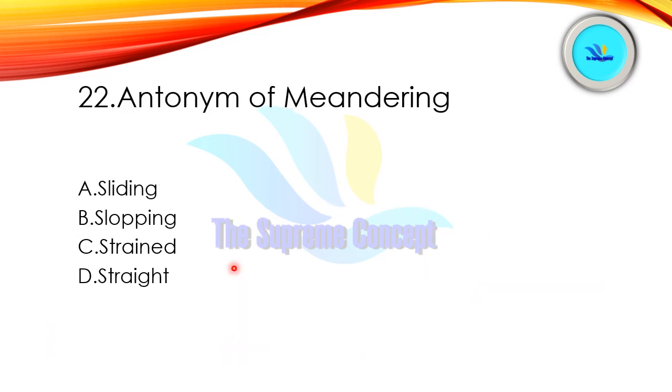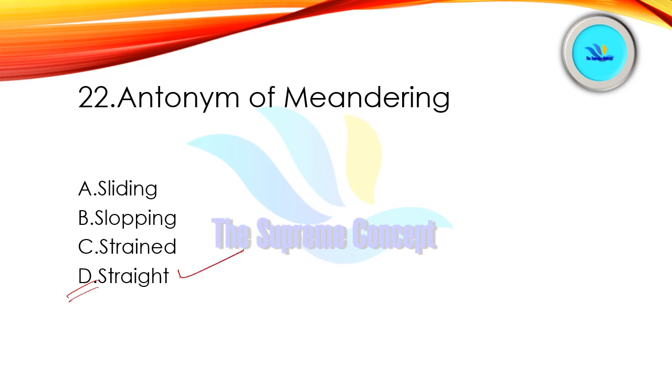Question number 22, and this question is based on antonym. We need to find out the antonym of the word meandering, and these are the options: sliding, sloping, strained, and straight. Just mark your answer. Yes, option number D is correct here. Straight.